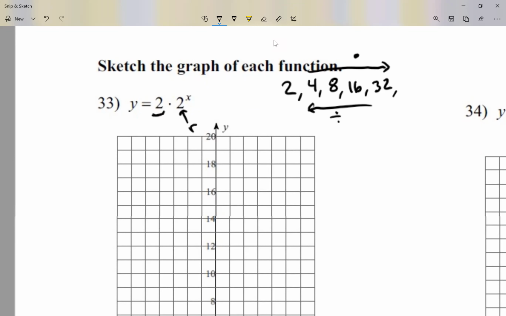If you notice, if I start on the 32 and divide it by the ratio, so if I divide it by 2, I get 16. Divided by 2, I get 8. Divided by 2, I get 4. Divided by 2, I get 2. And I could even extend it even more. 1, and that's 1/2, 1/4, on and on. So I could even extend it, but let me come back to how the list started.